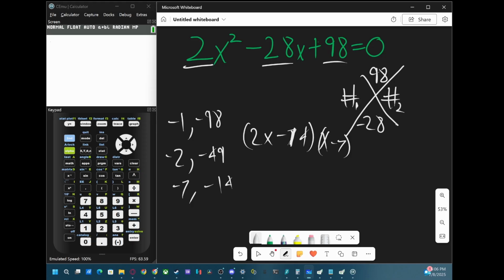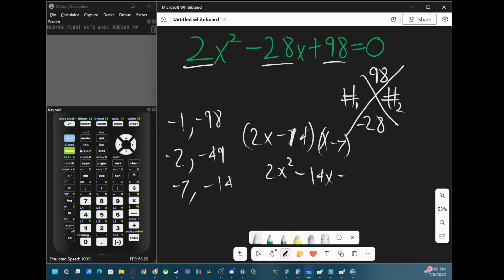Let's do it. So it'll be 2x times x, 2x squared, 2x times negative 7, that's negative 14x. Now negative 14 times x, that's negative 14x. Then now negative 14 times negative 7, that's plus 98. That just equals 2x squared minus 28x plus 98.